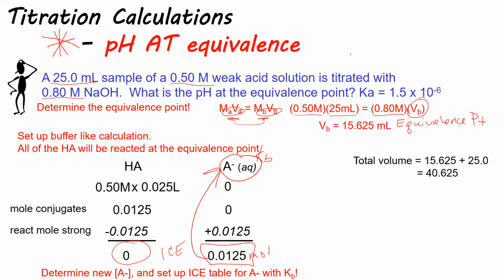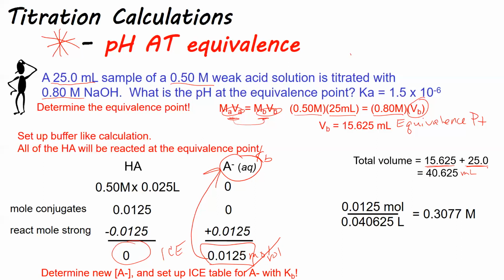All right, so the total volume, because in order to find a concentration here, I'm going to need to divide by the volume. So my total volume is my equivalence point plus my original acid sample, gives me 40.625, and that's milliliters.